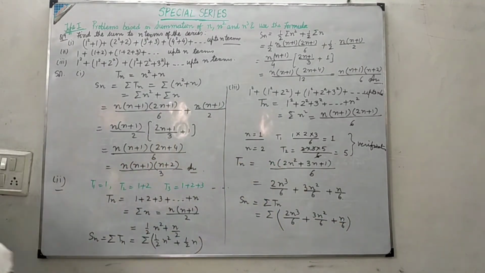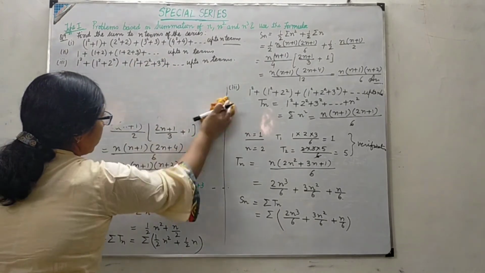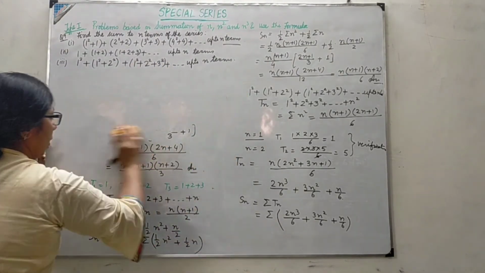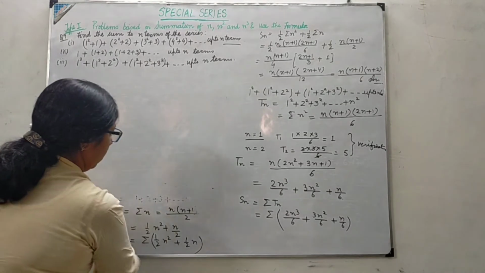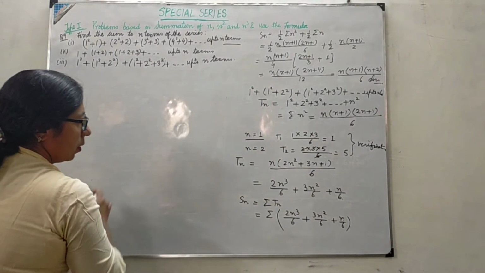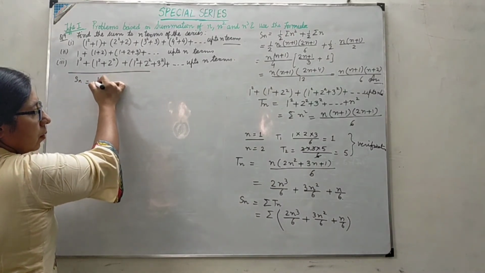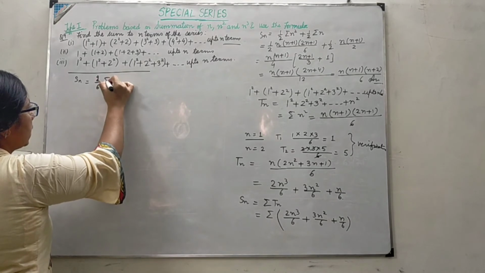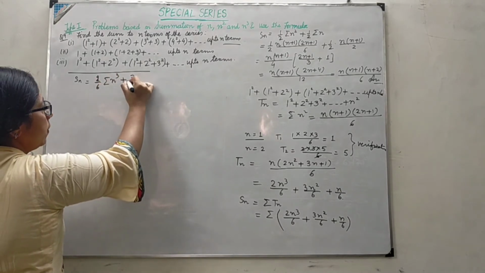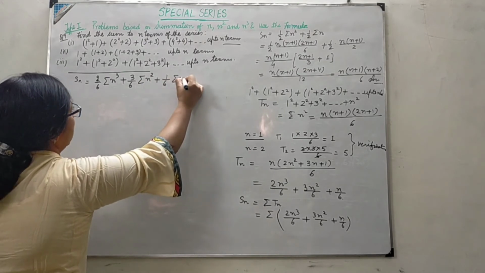Now after simplification, we are getting Sn as 2 by 6 sigma n cube plus 3 by 6 sigma n square plus 1 by 6 sigma n.